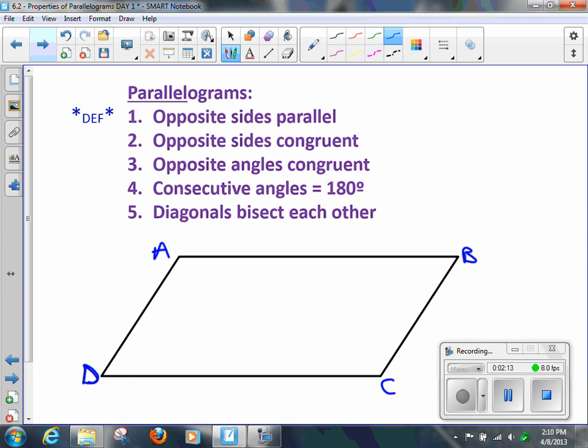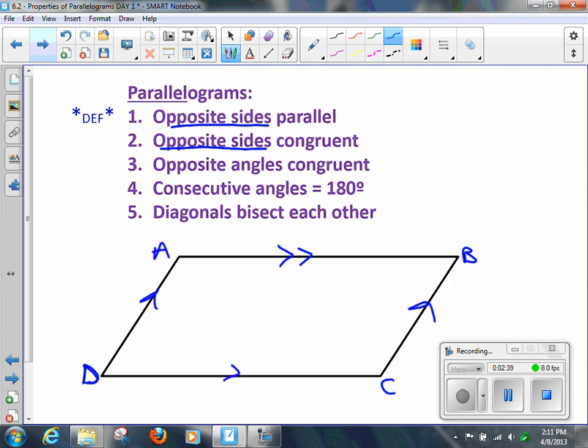I want you to think about this. The definition of a parallelogram is that opposite sides are parallel. So I like to see that they're parallel. That's by definition. So we know that opposite sides are parallel. We know that opposite sides are also going to be congruent.